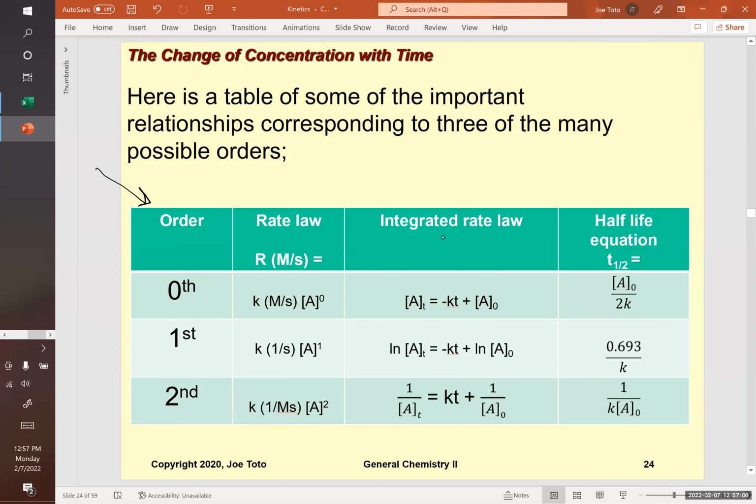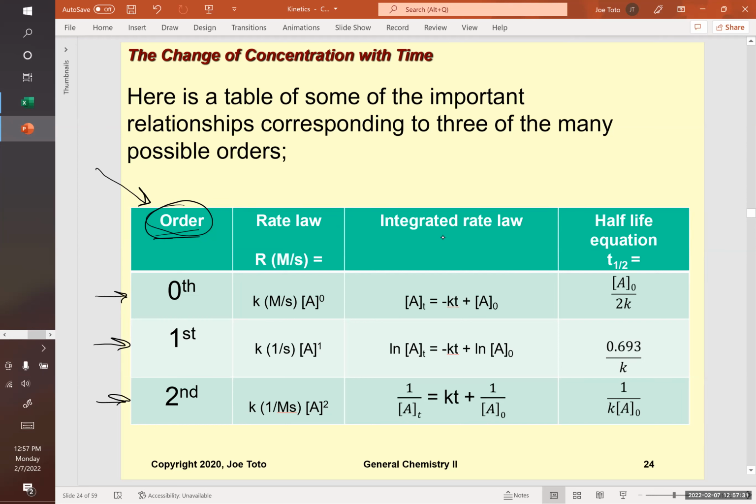So in this first column, I have the order, and you should have a pretty good idea what that refers to. That's the power dependency in the rate law. In Chem 201, we consider pretty much these three possibilities: zeroth, first, and second order.